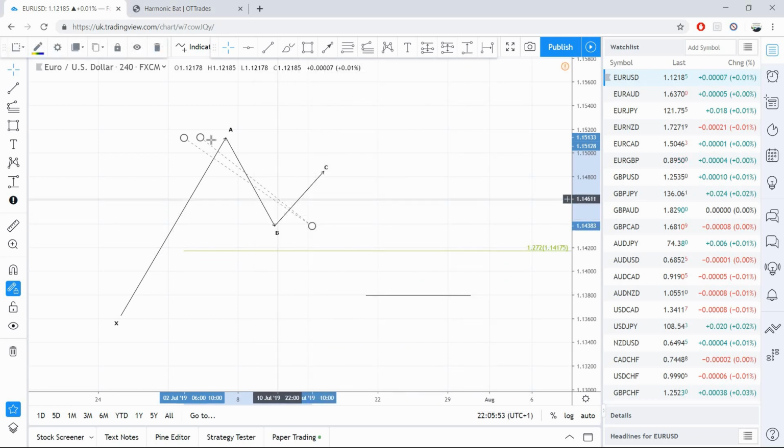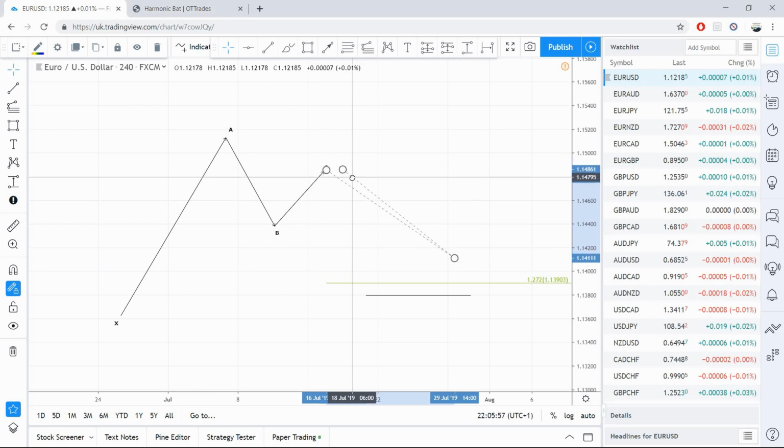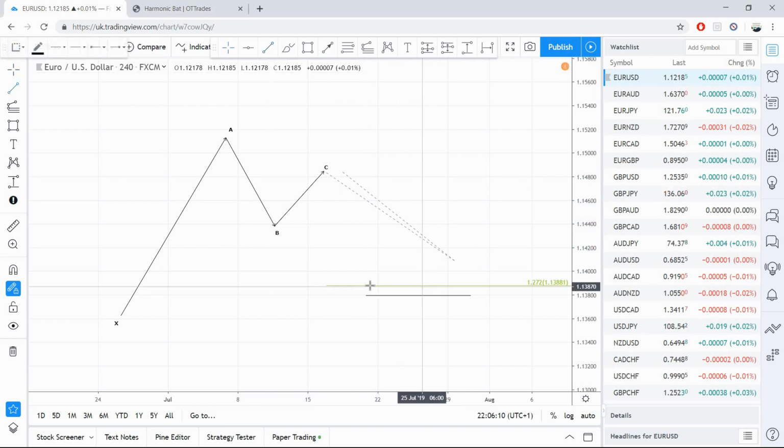It's this green point here, and we'll drag this down to make the CD 1.272. So the center line lines up with our C point here, maybe a little bit lower. And then we'll draw that line on here. So this forms the second point of our potential reversal zone, just here.